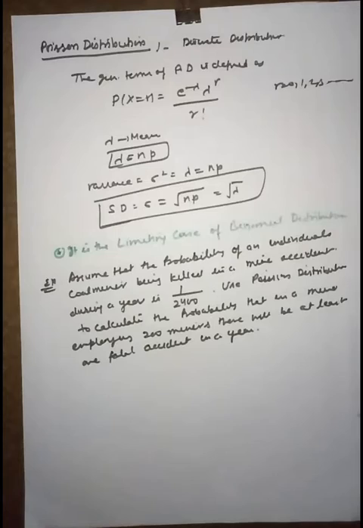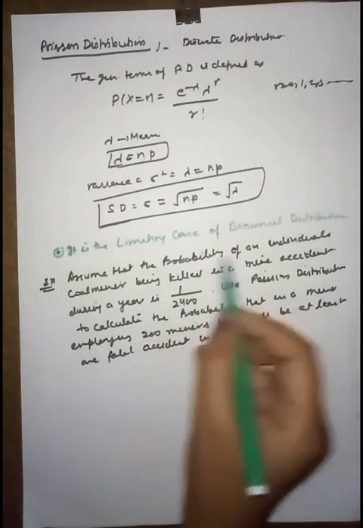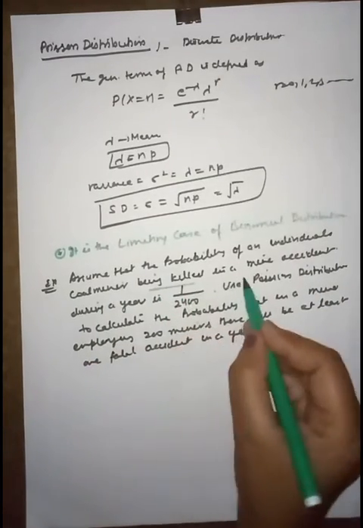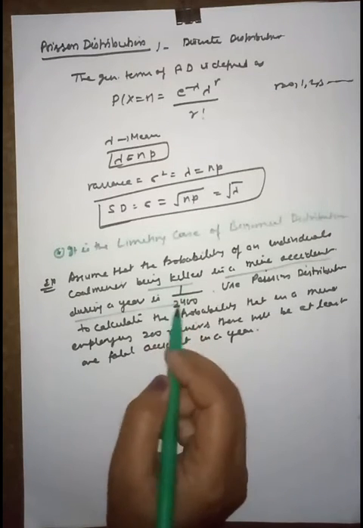So here, friends, given the data, the probability of an individual coal miner being killed in a mine accident during a year is this ratio.